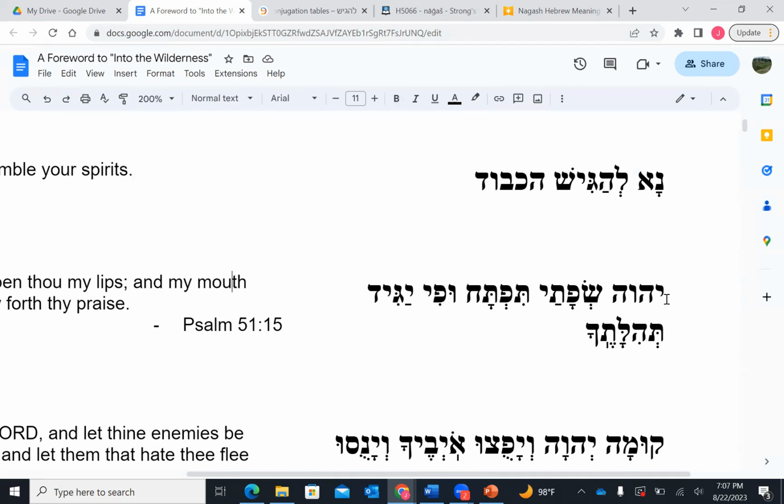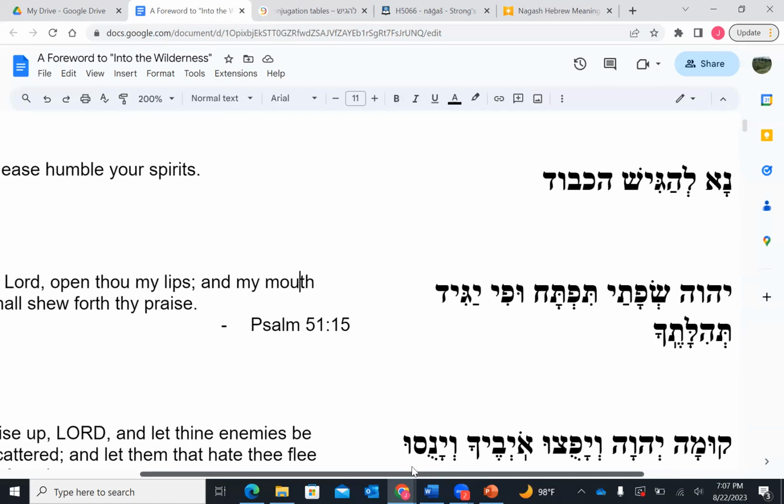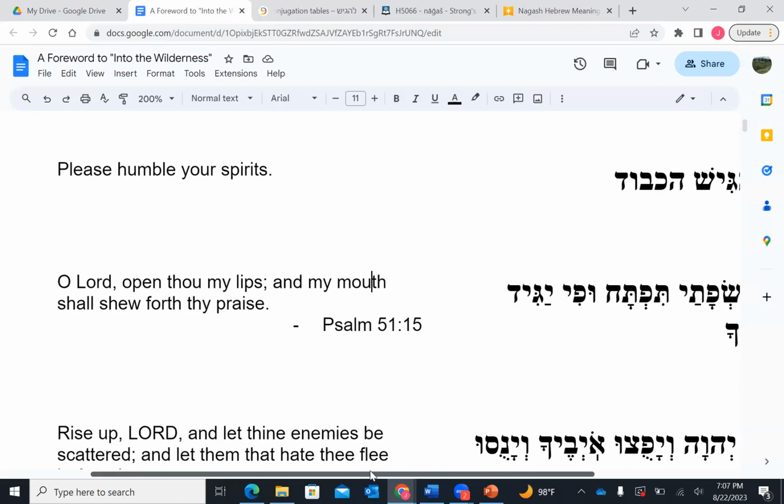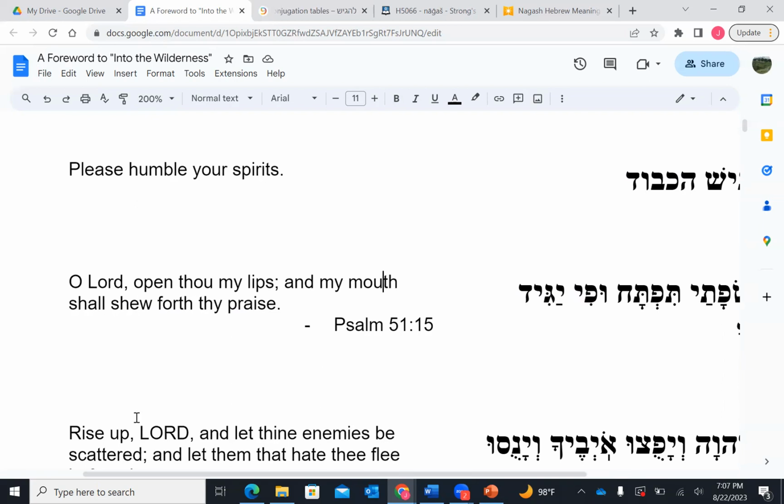So, one thing I'd like to point out and ask, it's kind of minor, but with the beginning of Psalm 51:15, I can't see all of it. They have the lowercase O-R-D, and they use Yahweh, and then on the next scripture down, "rise up, Lord," L-O-R-D, Yahweh.